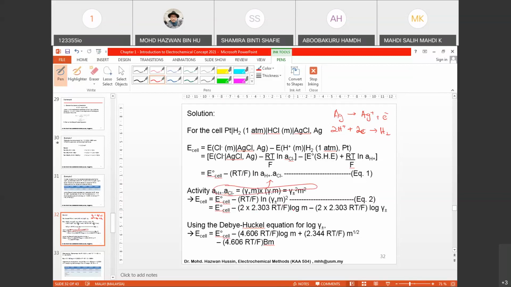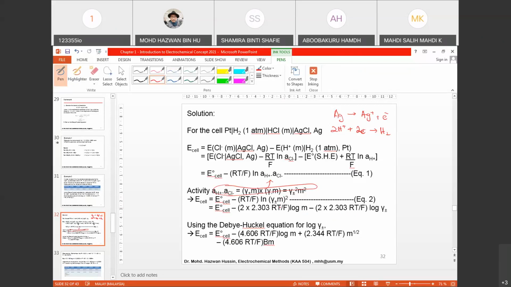What you are going to do next is substitute the values. If I expand it, I open the bracket, so it will be RT over F multiplied by ln gamma plus minus, and another term will be RT over F ln m.